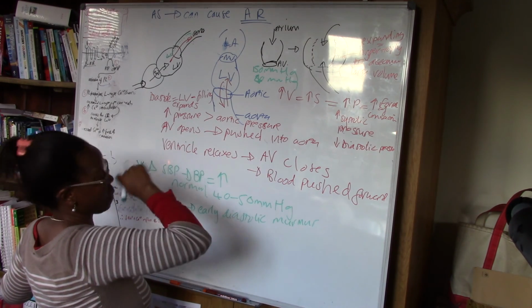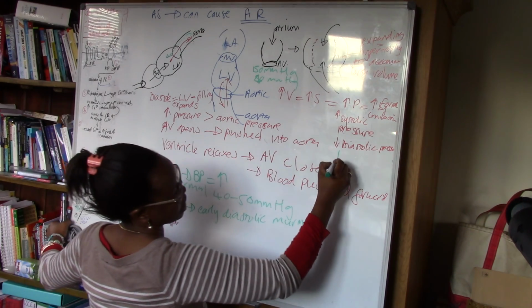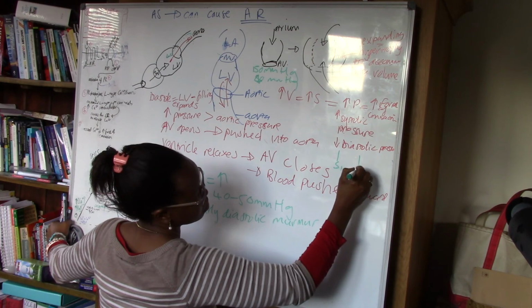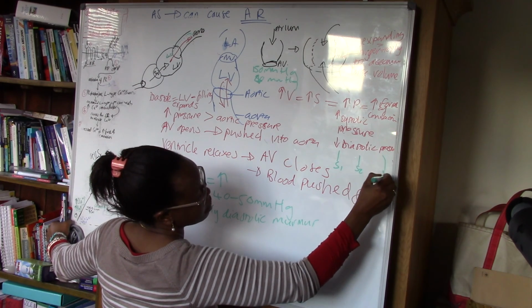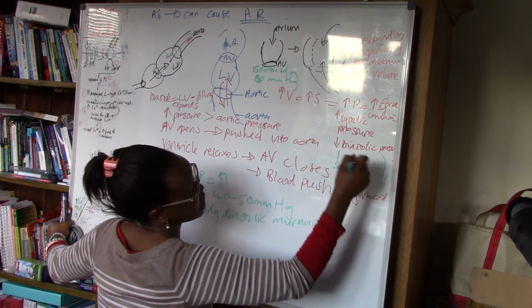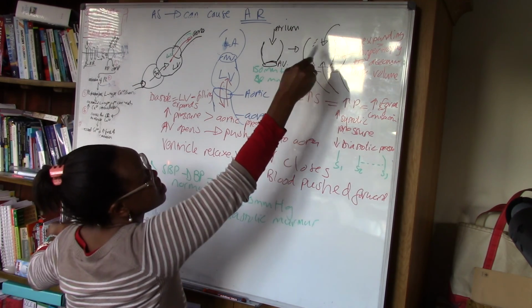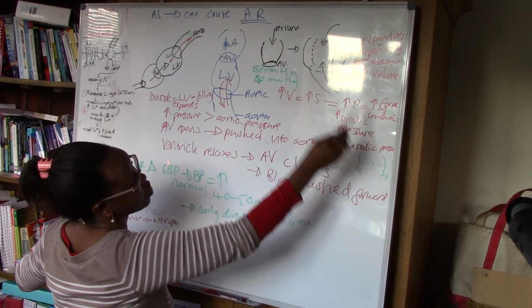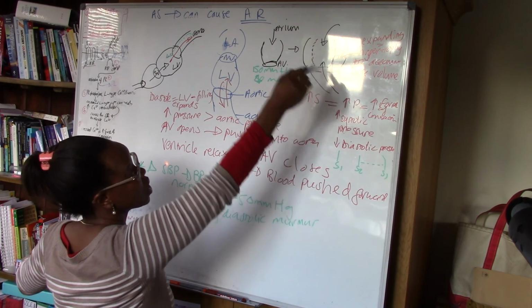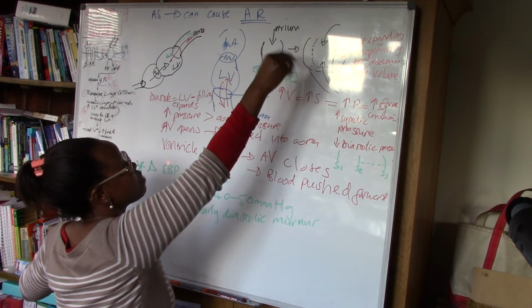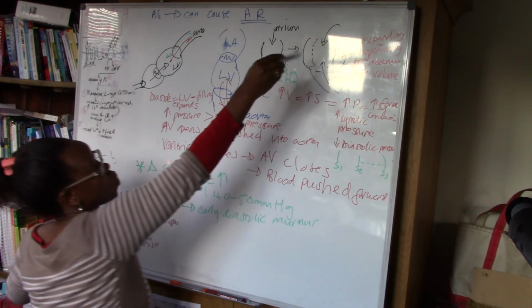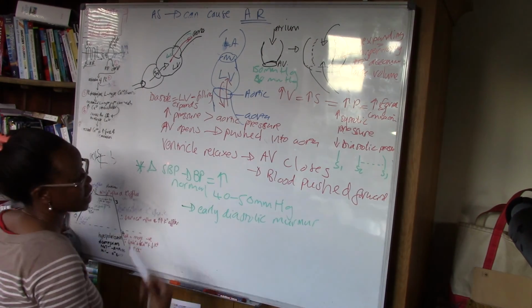During diastole, instead of the ventricle relaxing, it's actually receiving blood from the aorta, and that is causing turbulence and resulting in a diastolic murmur.